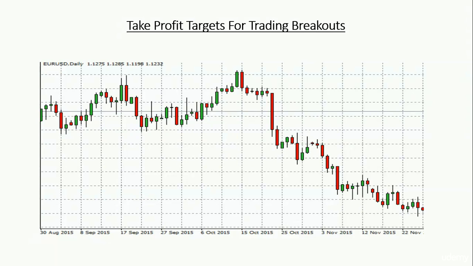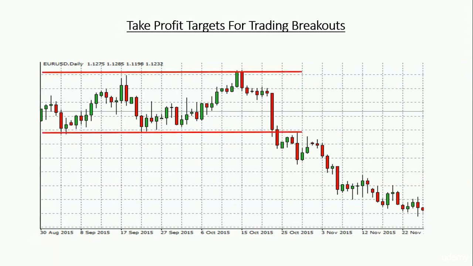Looking at this breakout here, where the trading range was broken to the downside, the shallow pullback that followed could be an ideal entry point for going short in the breakout direction. But where would be your ideal profit-taking level to avoid an early exit of your winning trade, and most importantly, to avoid greed that might convert your winning trade into a losing one?